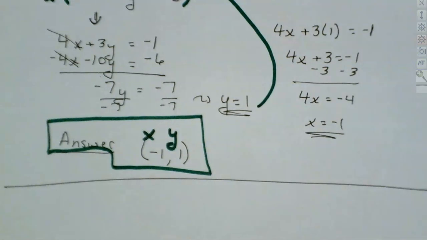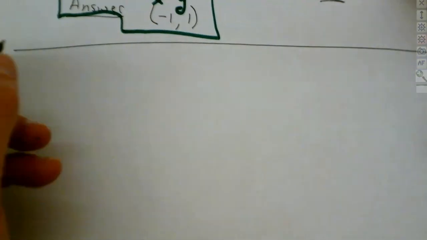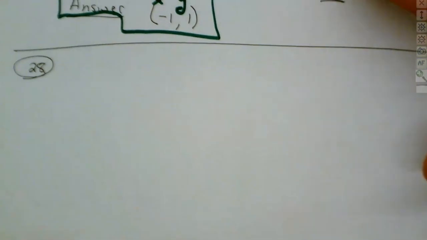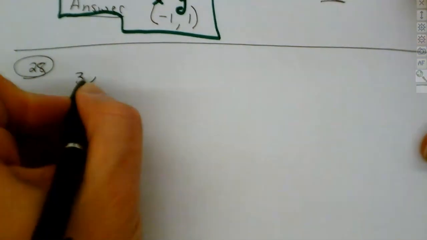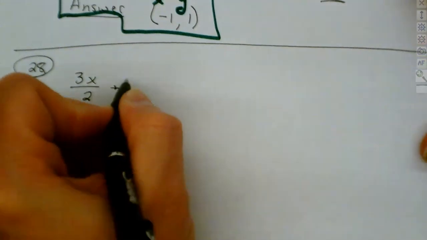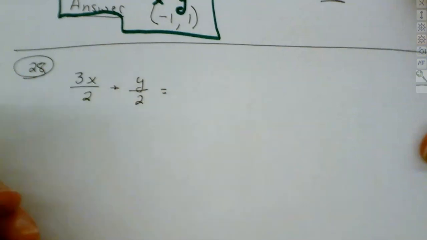How do we handle fractions? Well, if you have fractions, you clear them out. So let's look at question 28. We're going to do a couple of these. So we've got 3x over 2 plus y over 2 equals a negative 2.